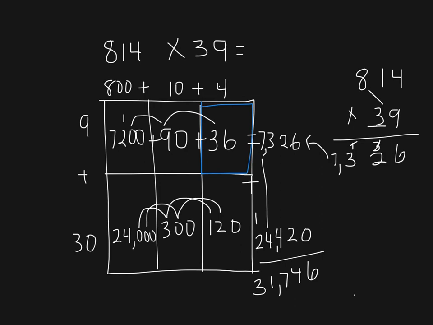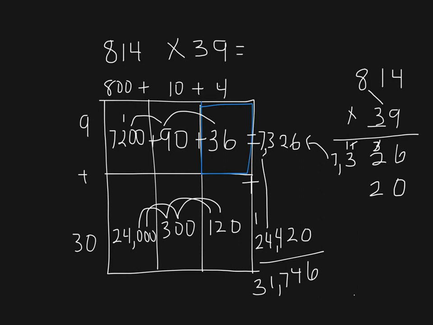Now I'm going to be looking at this 3 in the tens place, and I know since I'm multiplying every digit in that top number by 3 tens that I will have a 0 in the ones place. And 3 tens times 4 equals, sorry, 12 tens. That means I have a 2 in the tens place, and that 10 tens will become 100.